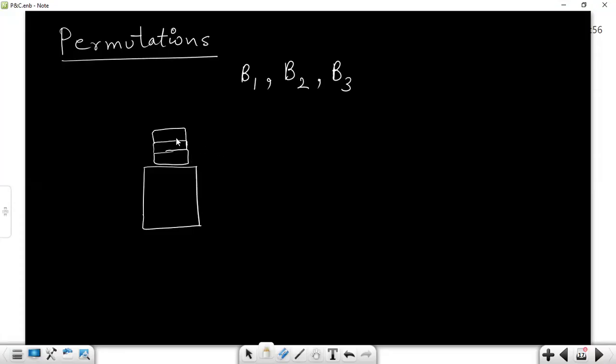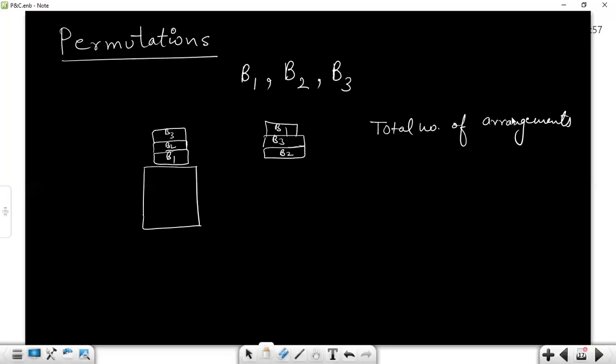This is one way where you can arrange 3 books. And there is another way where you keep the second book, then the third book, then the first book, a different arrangement. So the total number of arrangements is found by permutation. That's the simple definition of a permutation.